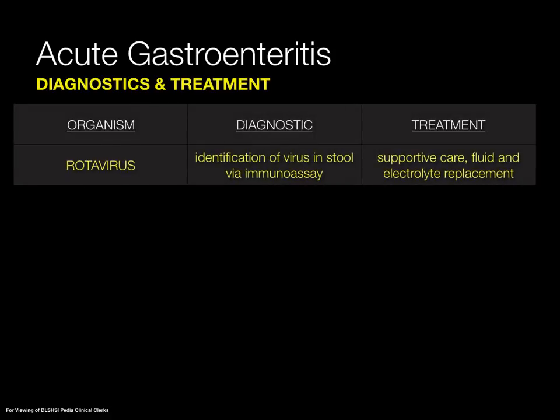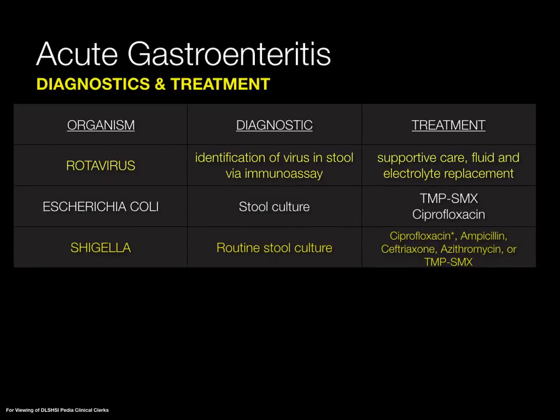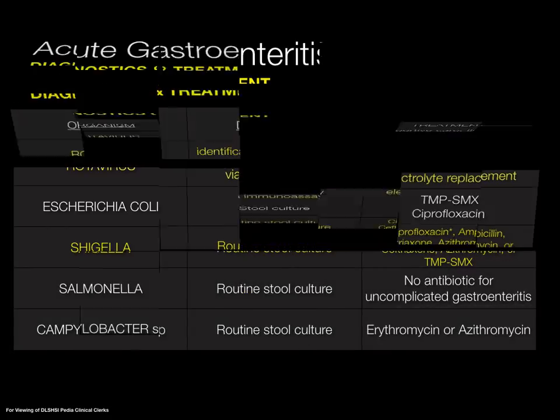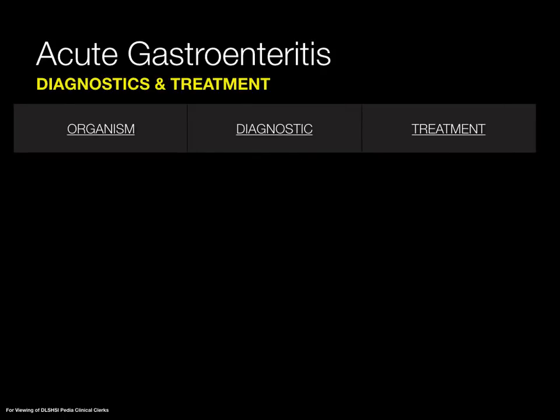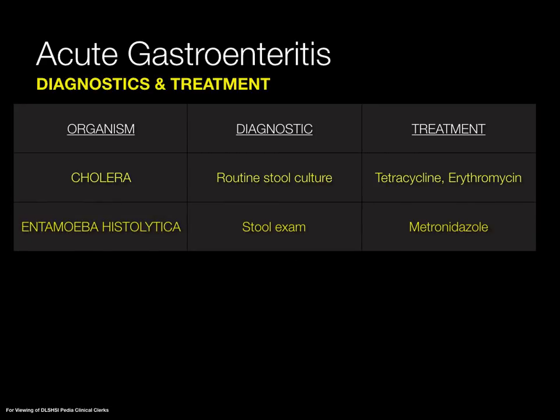For rotavirus etiology of AGE, the treatment is supportive care and fluid and electrolyte replacement. For Shigella, you can give ciprofloxacin depending on the age, ampicillin, ceftriaxone, azithromycin, or cotrimoxazole. For cholera, it is treated with tetracycline and erythromycin. Metronidazole is used for treatment of Entamoeba histolytica as a cause of acute gastroenteritis.